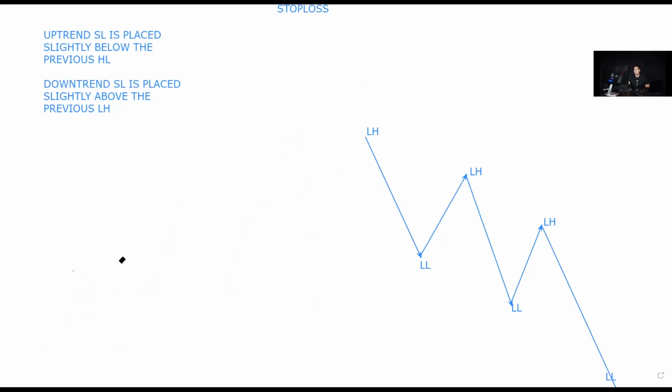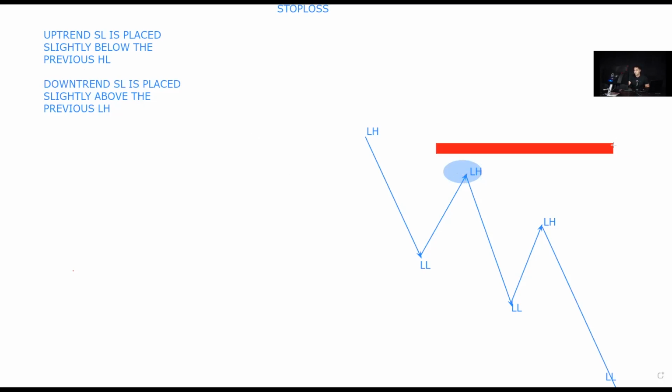So now on a downtrend, stop loss is placed slightly above the previous lower high. Again, same concept. If we were to enter at the lower high, our stop loss is placed slightly above the previous lower high.